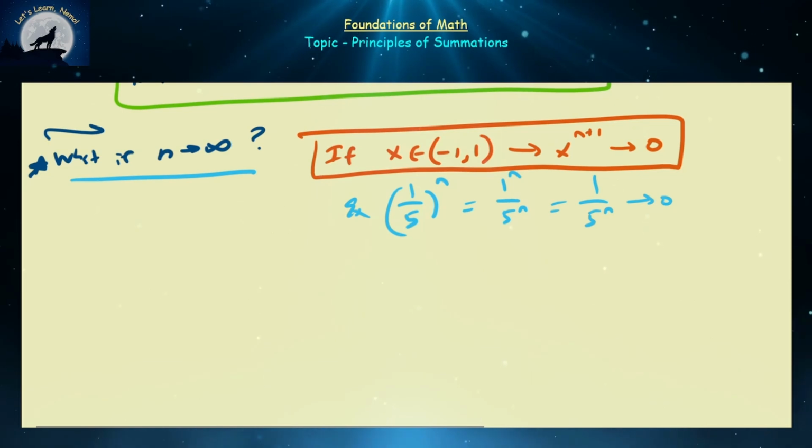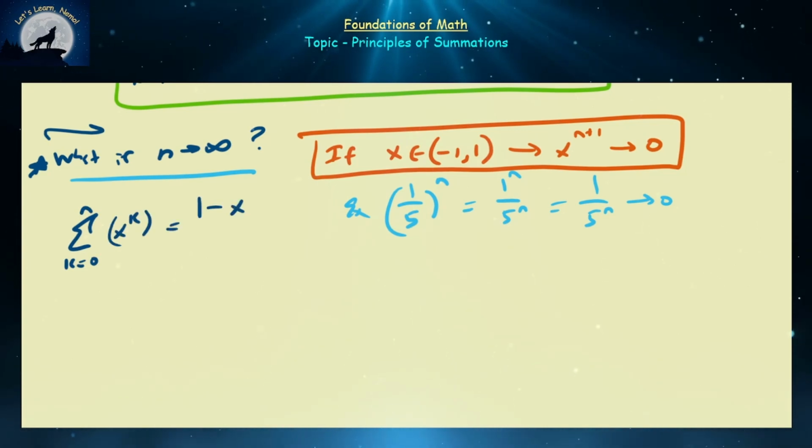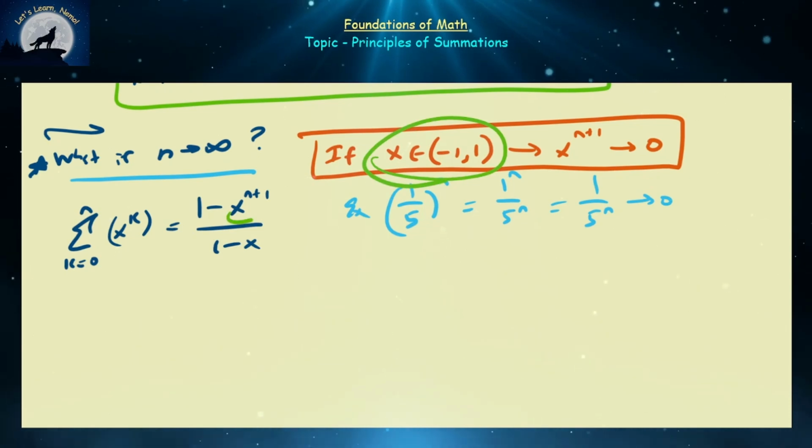So if that is the case, keep in mind that the sum from k equals 0 to n, the finite geometric series, is equal to 1 minus x to the power of n plus 1 all over 1 minus x. So if n goes to infinity and x belongs to minus 1 to 1, then this term will vanish.